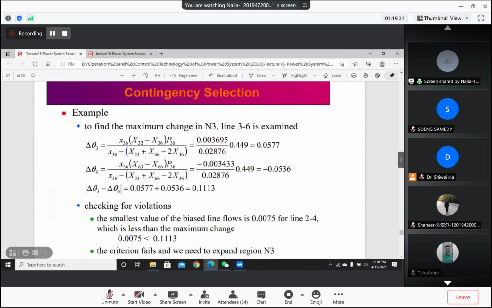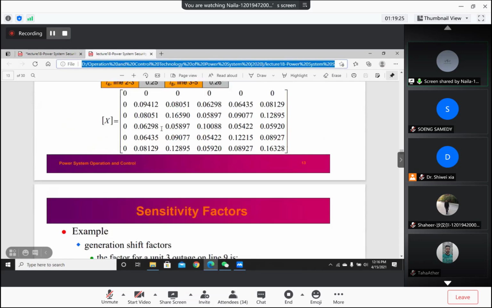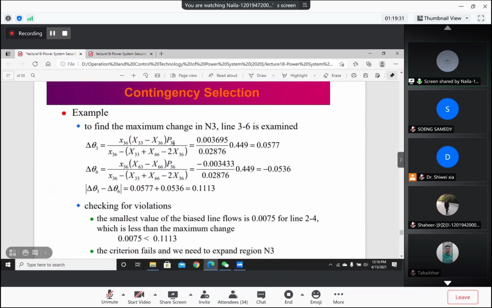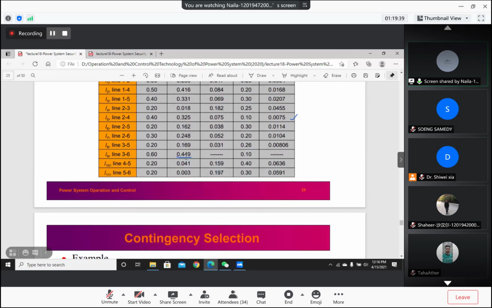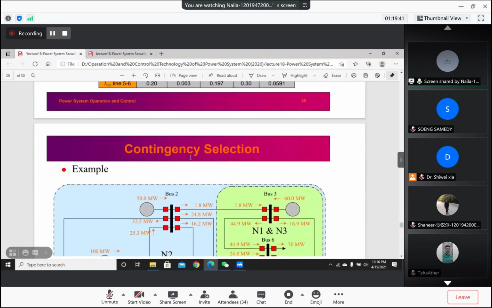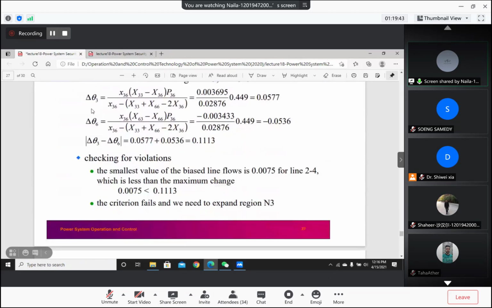For X3 to 3, we'll get this value from the X matrix, from 3 to 3. Here we get this value 0.16590, and we'll get the power value from 3 to 6 from the same table, 0.449. So firstly, we'll solve for the change in theta 3, which is 0.0577.